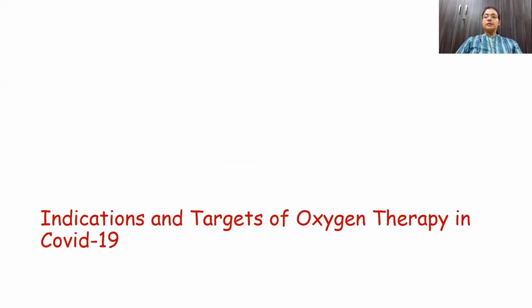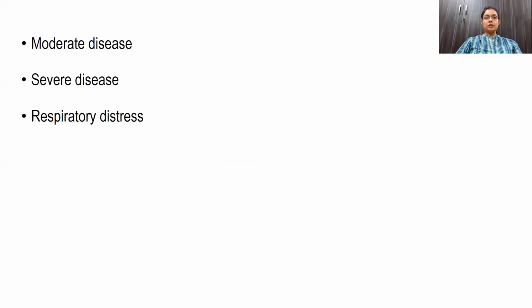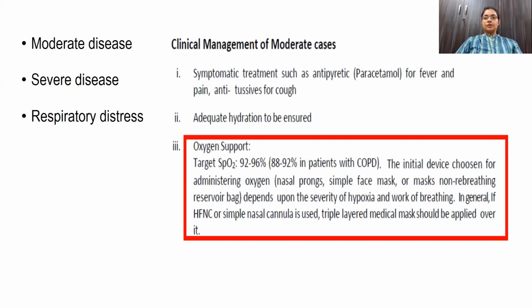The indications and target of oxygen therapy in COVID-19 include moderate COVID-19 disease. So here you can see the guidelines, where in moderate the target oxygen achievable is 92 to 96% in non-COPD patients and 88 to 92% in patients with COPD.